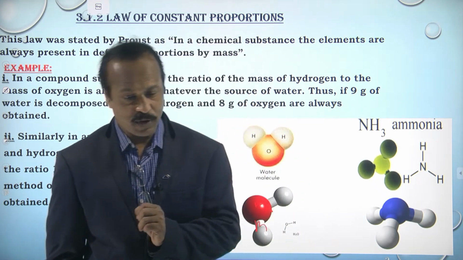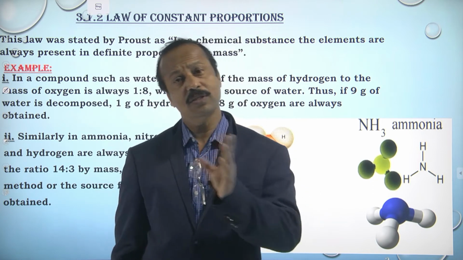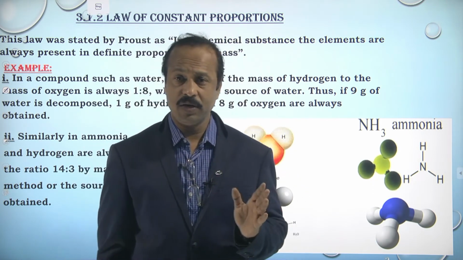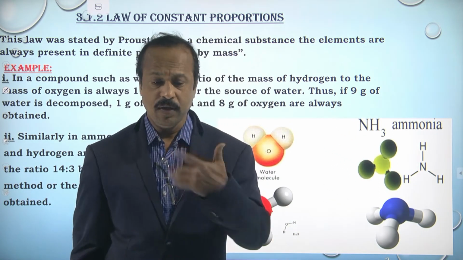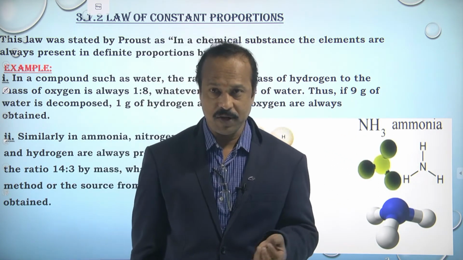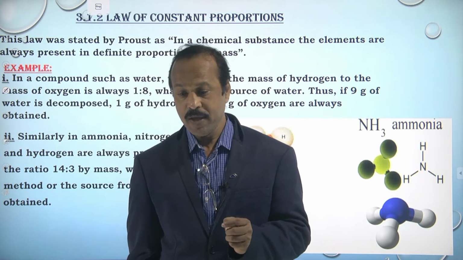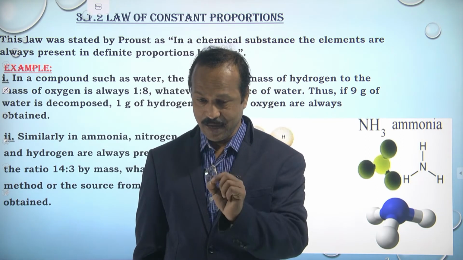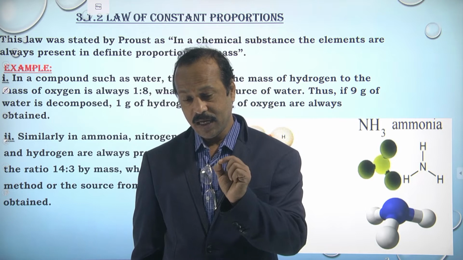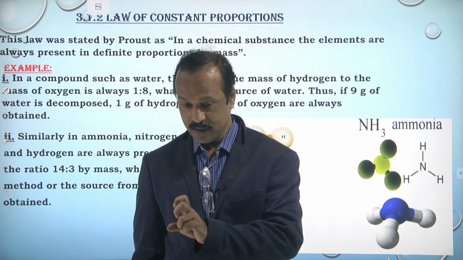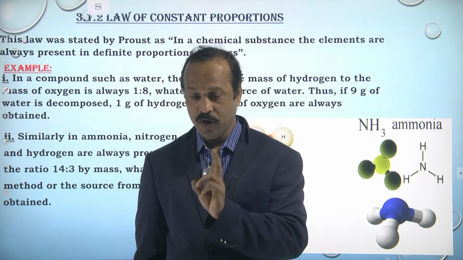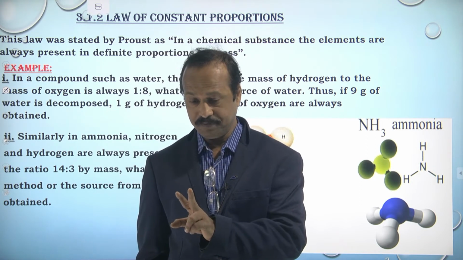Water, whatever the source it may be, whether you are taking from Hyderabad, from Godavari, from the UK or the Amazon river, wherever you take it, the formula of water remains the same, that is H2O. Atomic wise, water is made up of 2 hydrogens and 1 oxygen.